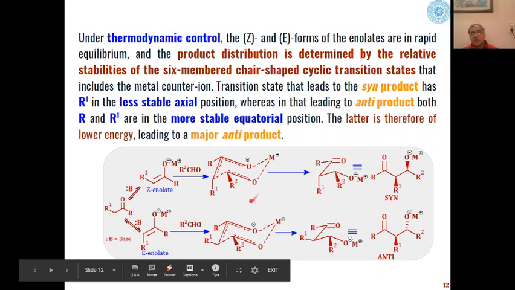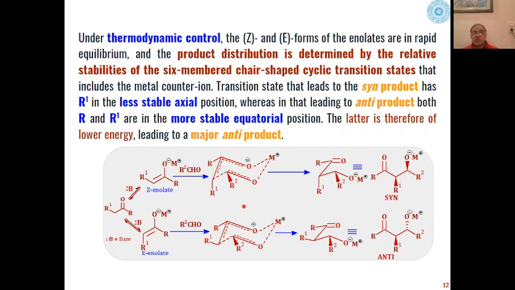Now if you see these cyclic transition states closely, the syn product has been formed where the R1, this one, is axial in nature, whereas R is equatorial in nature. When this group is axial in position, then this transition state is less stable.